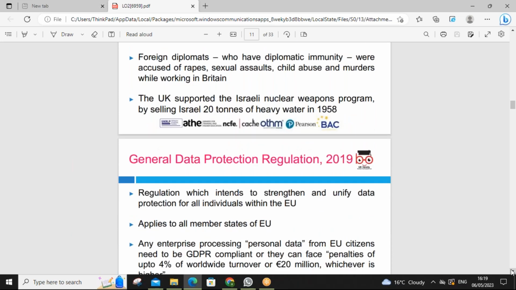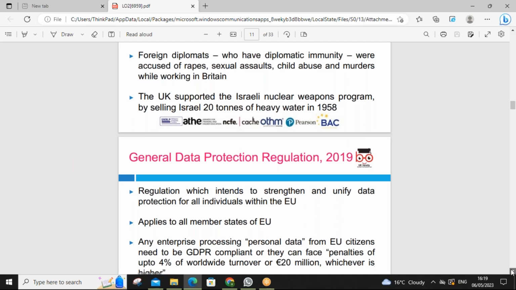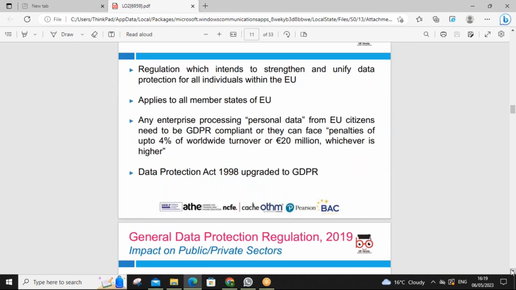Foreign diplomats with diplomatic immunity were accused of rape, sexual assault, and child abuse while working in the United Kingdom. The UK supported a nuclear weapons program by selling 20 tons, which is huge. The general regulations are intended to strengthen and unify data protection for all individuals within the EU.